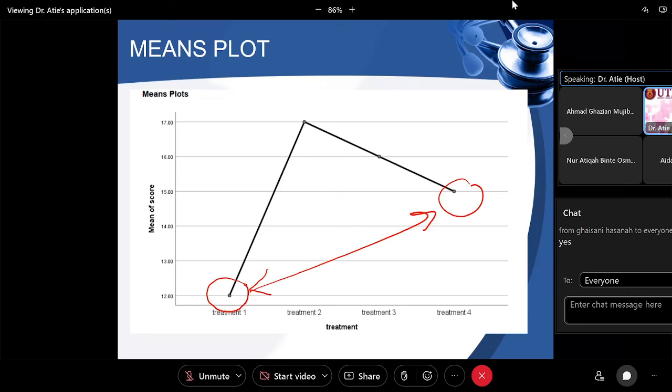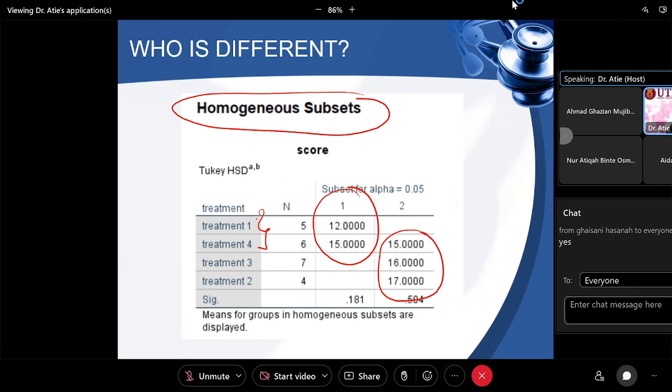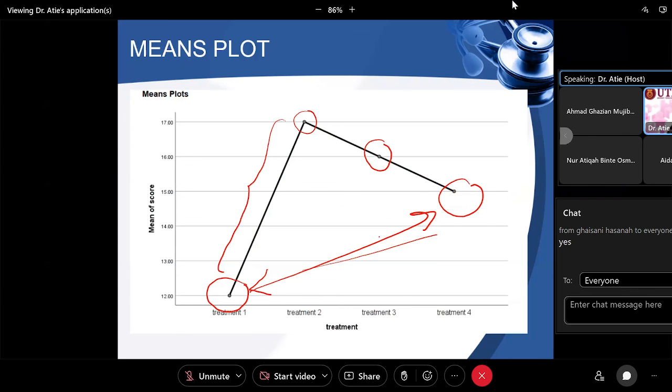But treatments 2, 3 and 4 are not that different. That's why the locations of their means are very close together. But treatment 1 and treatment 2 are very far away. So that's how we can conclude. It supports that treatment 1 and 4 can be together, but treatment 1 and 2 are obviously very different.